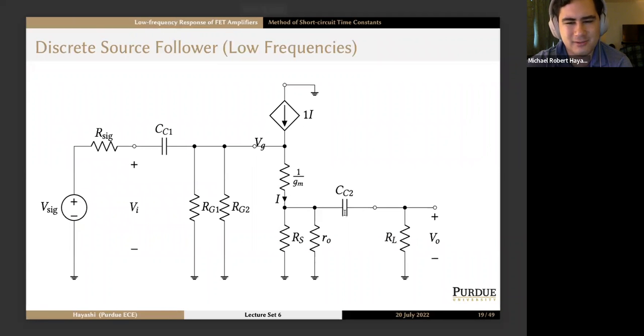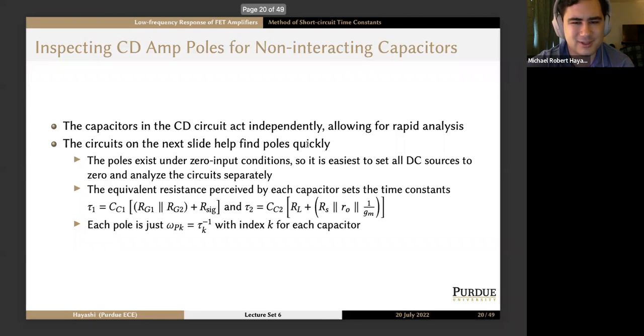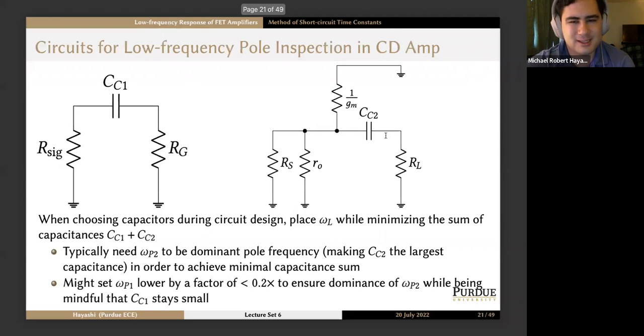Then we have CC2. It sees RL on one side to ground, RO to ground, RS to ground, and 1/gm to ground as well, because this is sufficiently disconnected. I'll repeat from the beginning.